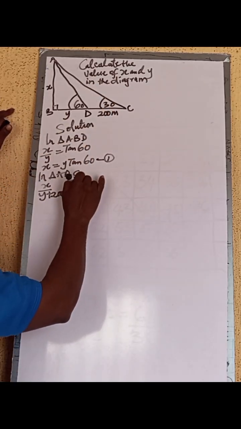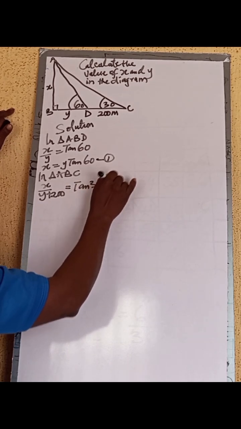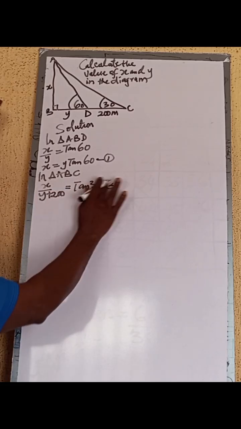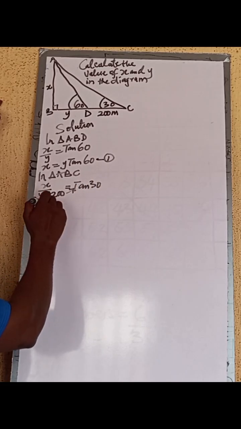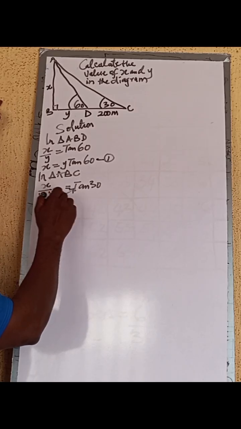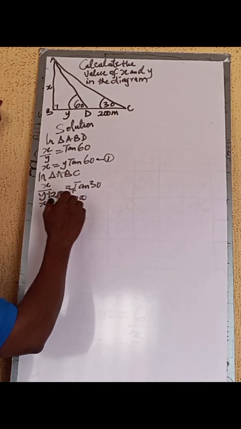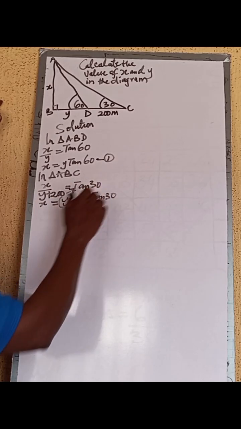Good. I believe you are following. Quite simple. If we cross multiply, x is now y plus 200, close the bracket, tan 30.